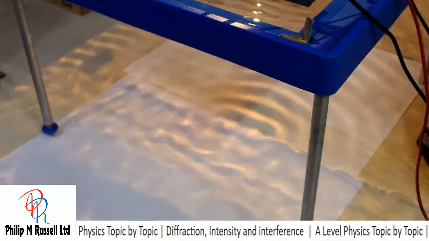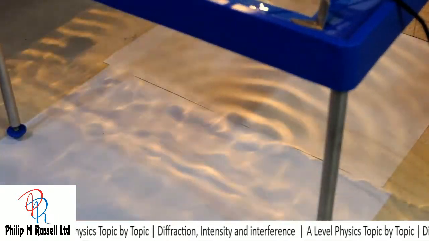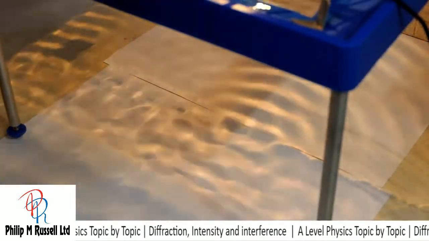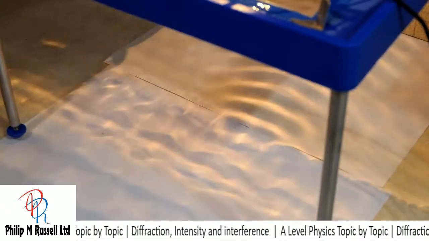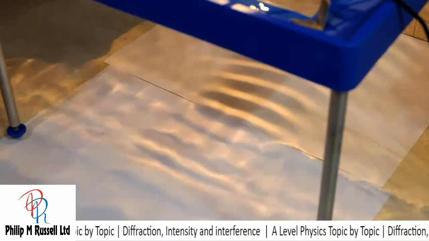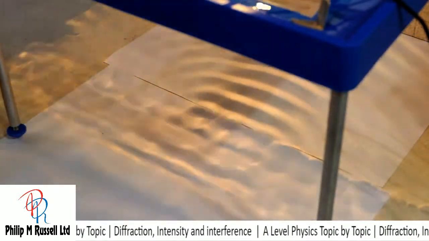Now, it's not looking quite the same. The wave's looking a little bit more disruptive, and instead of going through a narrow slit, we're now going through quite a wide slit.